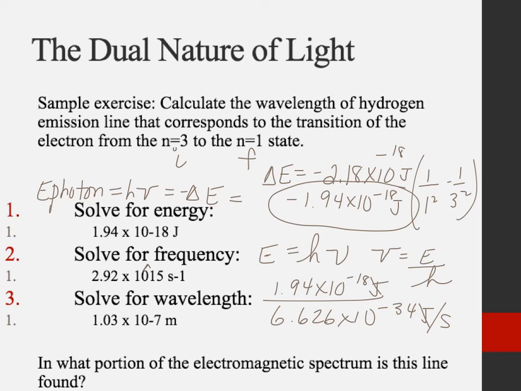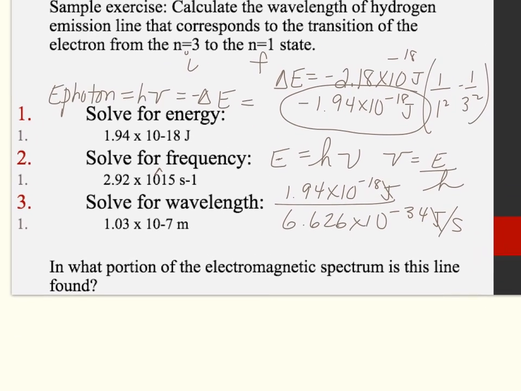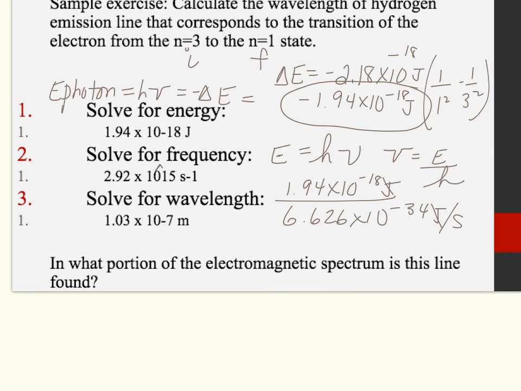And in the last one, in solving for the wavelength, we know that lambda is equal to c over nu, the speed of light over the frequency.